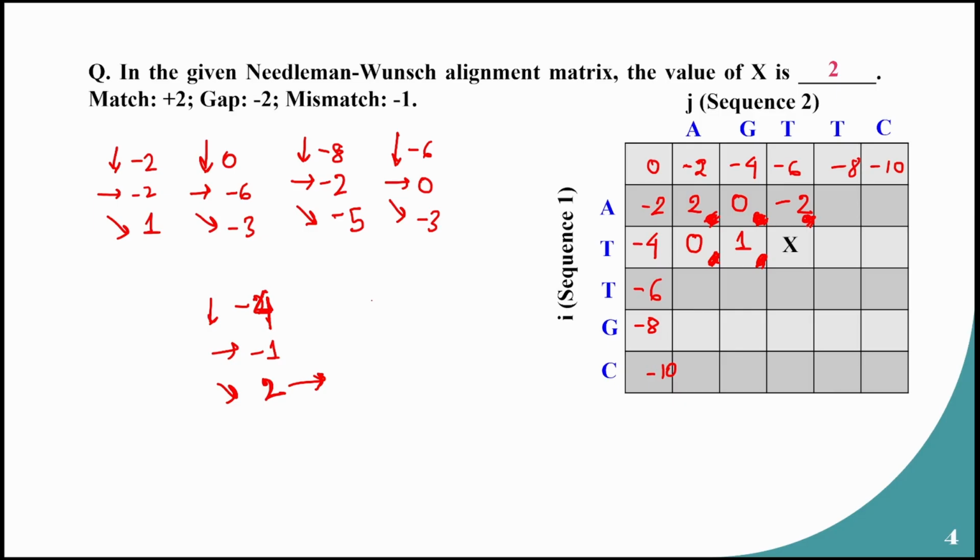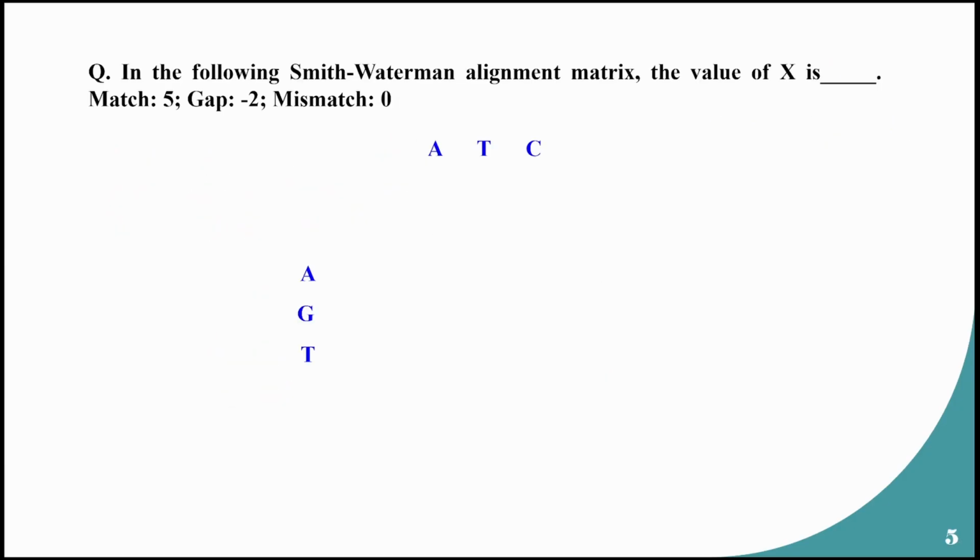Does anybody know the widely known algorithm for local alignment? Yes, it's called the Smith-Waterman algorithm. So what is the difference between a Smith-Waterman matrix and a Needleman-Wunsch matrix? In this case, we don't get negative values.